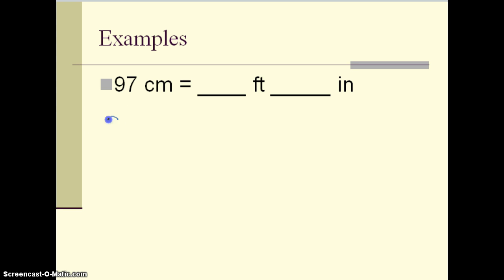So we're going to start with what we're given, 97 centimeters. Put it over 1. And we learned on our pre-lecture 2.54 centimeters is the same as 1 inch. So that's my first conversion.